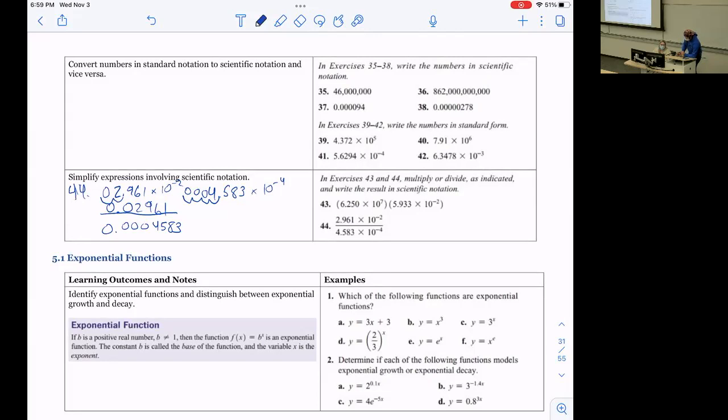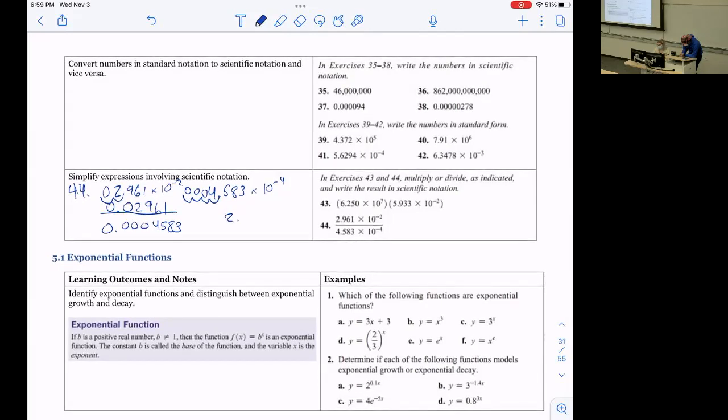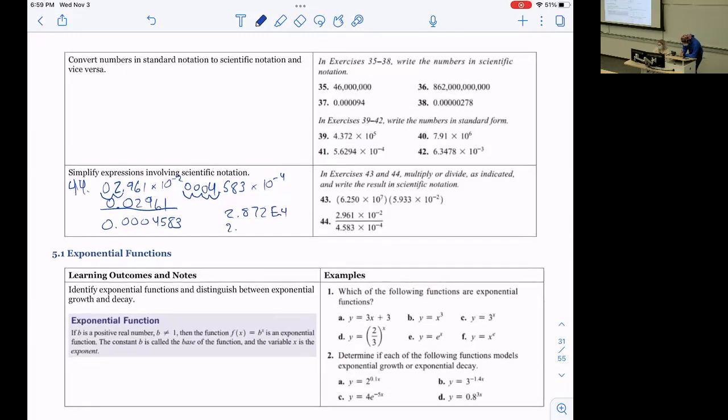You may get something that says like 2.872 e to the 4 or e to the negative 4. All that is doing in your calculator is the e is just acting as scientific notation. So that e acts as 2.872 times 10 to the negative 4. That's all that is. So you're just moving that decimal place.